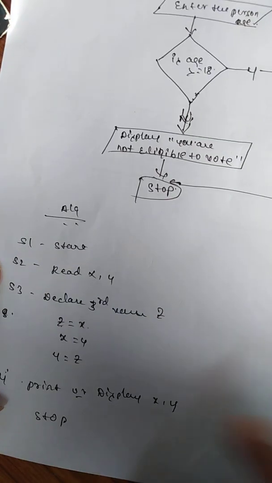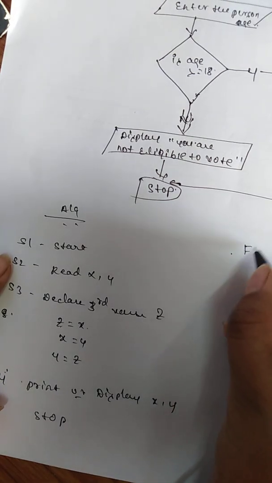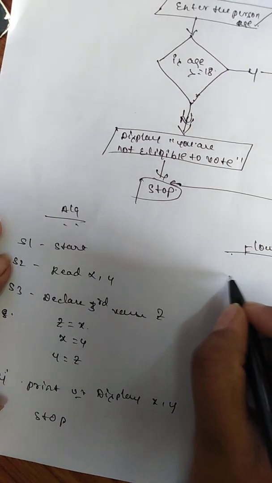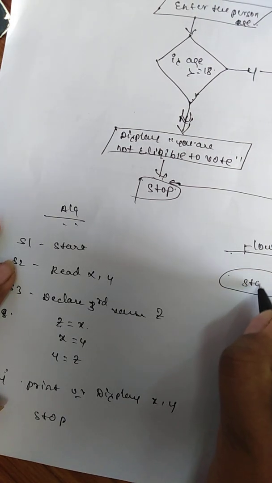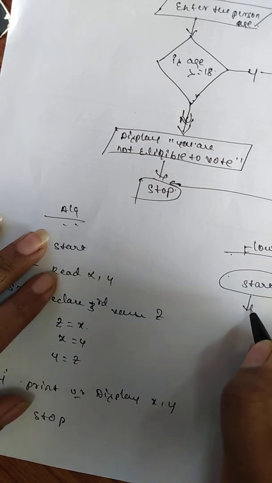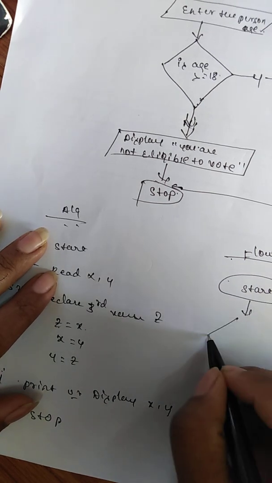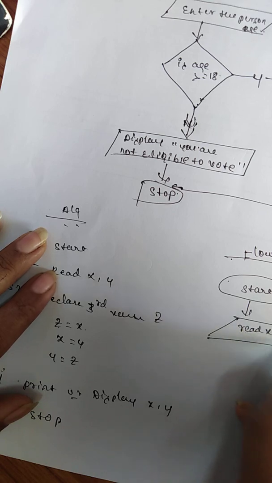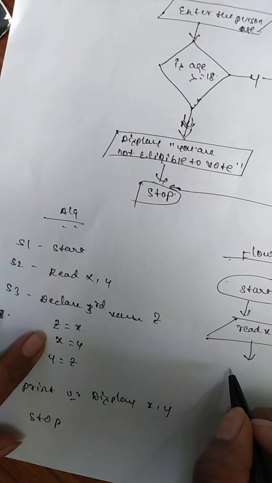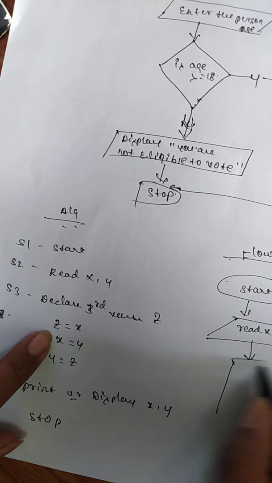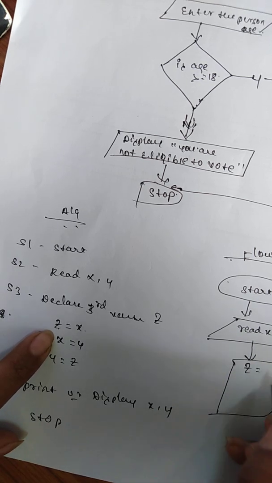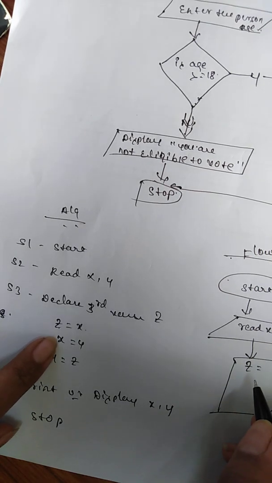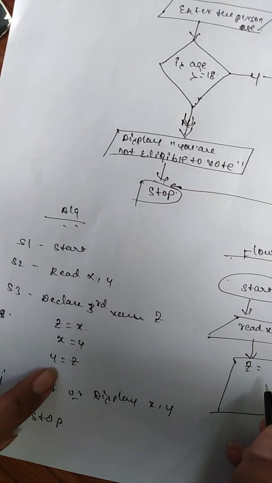How can we write this program as a flow chart? Here I will draw it. First we start, then next we read. How do we read? We read x and y. Next we declare the values. How do we declare the values? We check z equal to x, x equal to y, y equal to z.